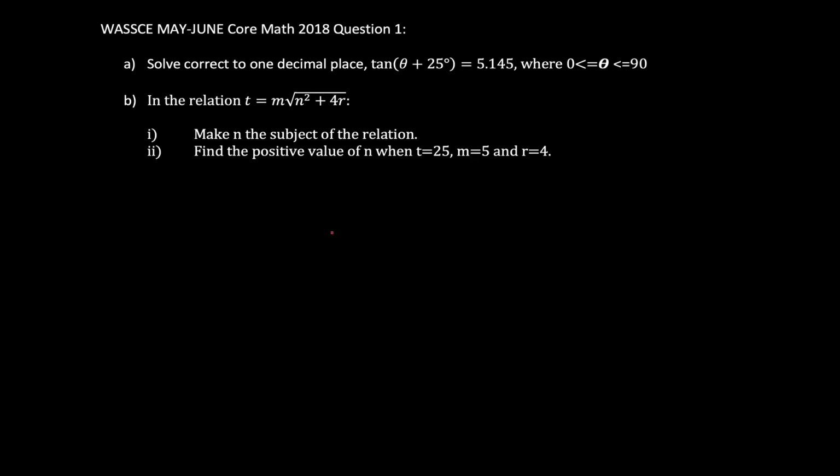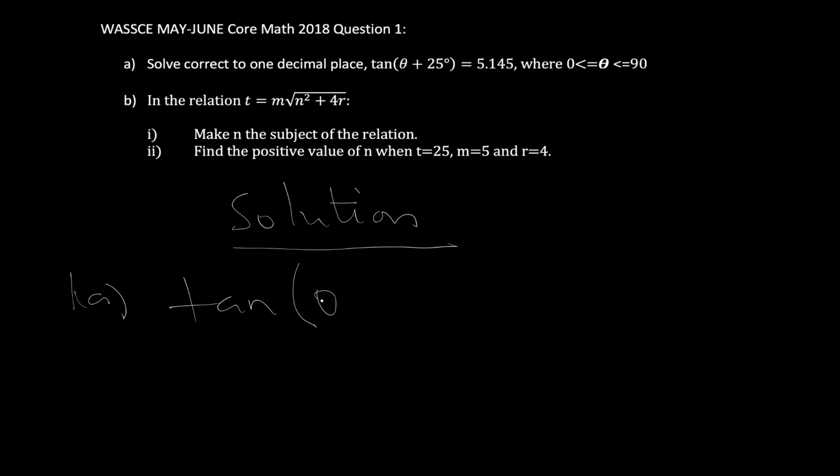So let's begin with the solution. We take question 1a. Tan(theta plus 25 degrees) is equal to 5.145.